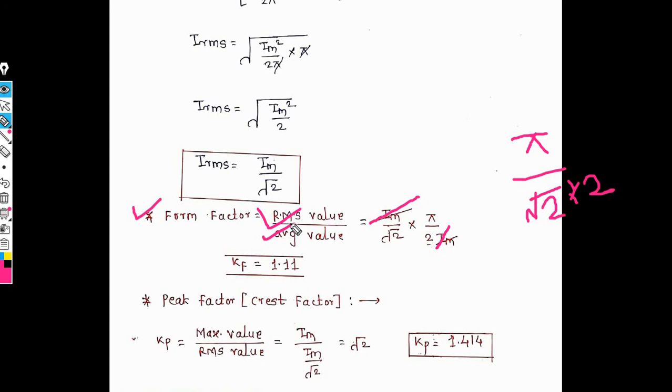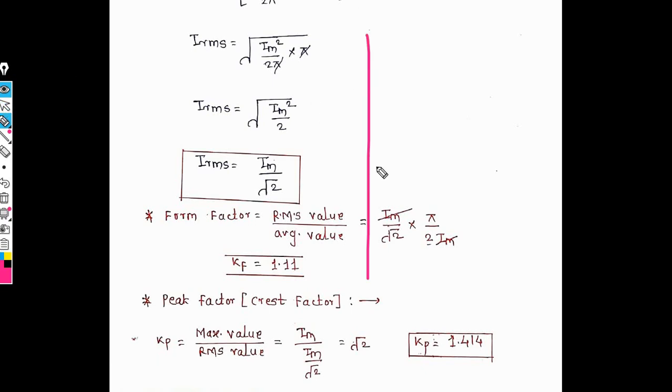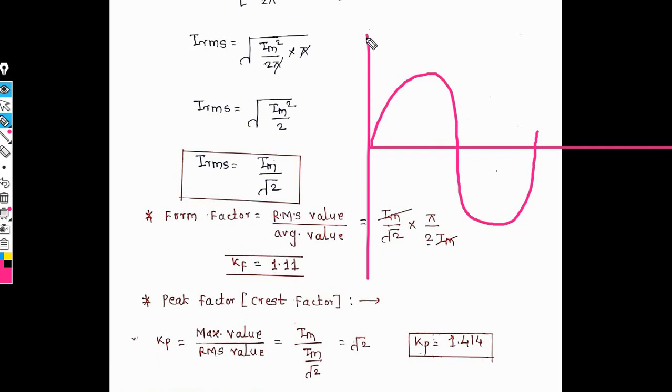Next is the peak factor, also called the crest factor. It is the ratio of the maximum value to the RMS value. For example, this is the sine waveform, and we have considered the current, so the maximum value of the current is Im.